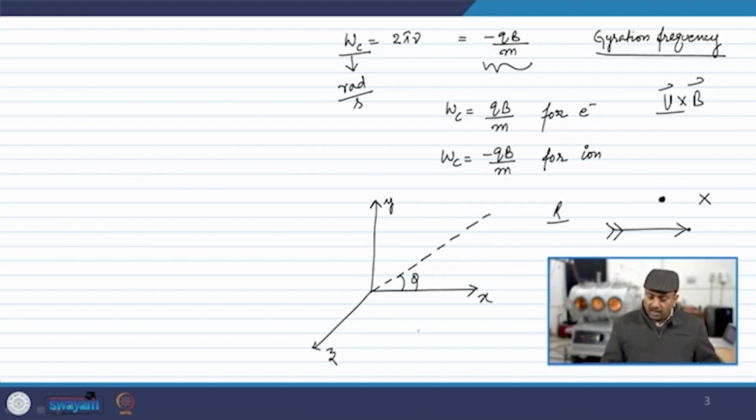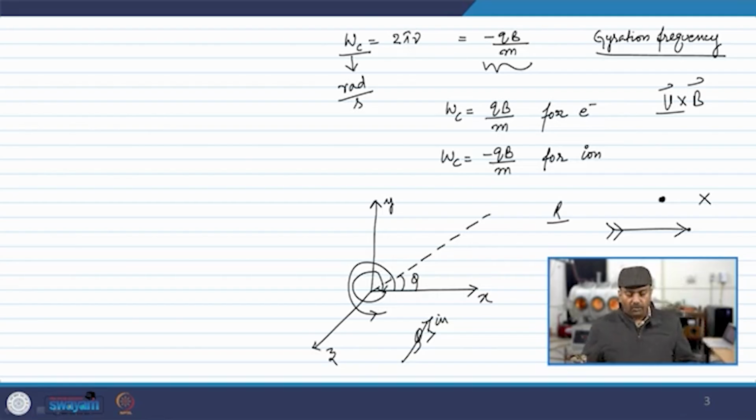Now, the increasing direction of phi denotes one direction of rotation, and the decreasing phi, in another direction exactly opposite to this, will indicate the other direction of rotation.